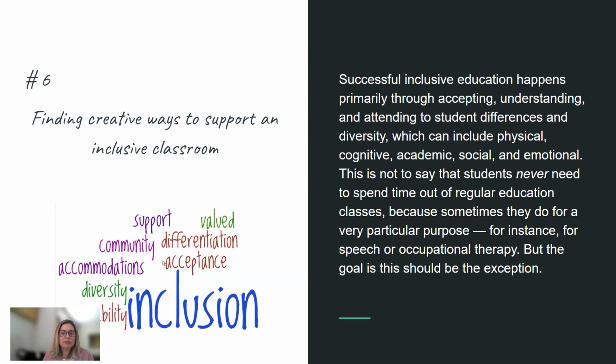This is not to say that students never need to spend time out of their regular education classes, because sometimes they do need to for a particular purpose, for instance speech and language, occupational therapy, etc. But the goal is that this should be the exception. We're really trying to build upon their skills, again in the cognitive, academic, social, and emotional aspects of their learning.